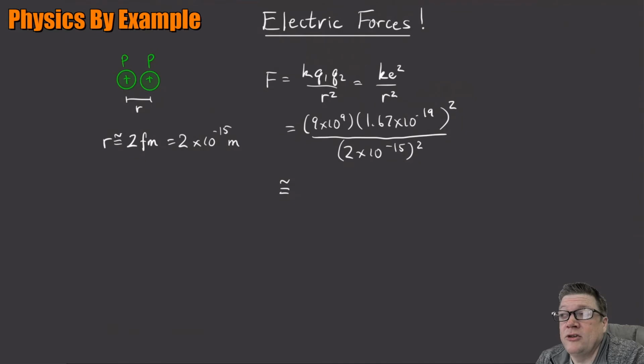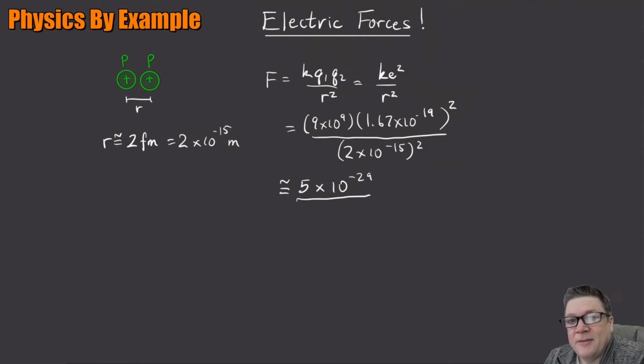So that's like 2.5. So 2 times 2.5, 5. Something like 5 times 10 to the, let's see, minus 19 squared is minus 38, and 9 is minus 29. And then on the bottom, I'm going to have minus 15 squared, so it's minus 30.